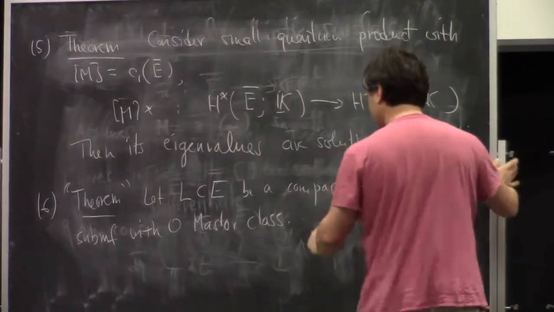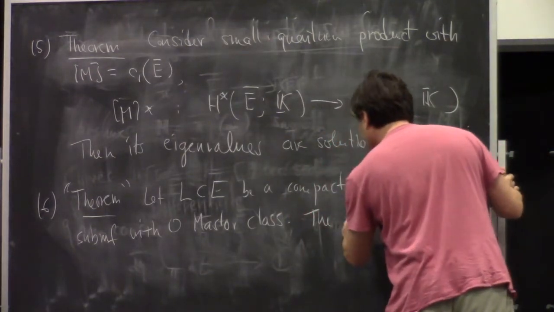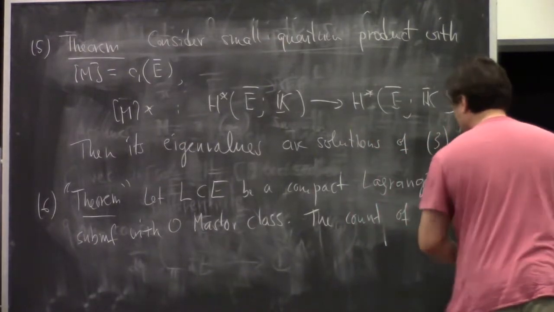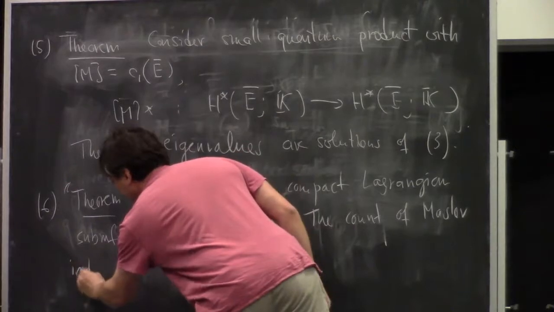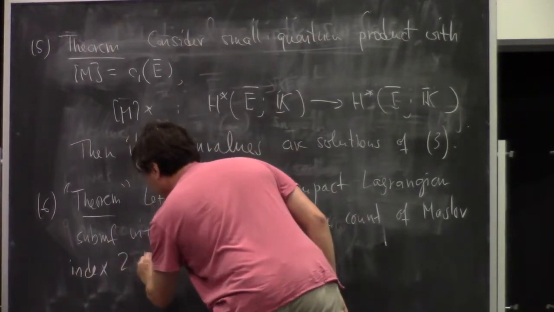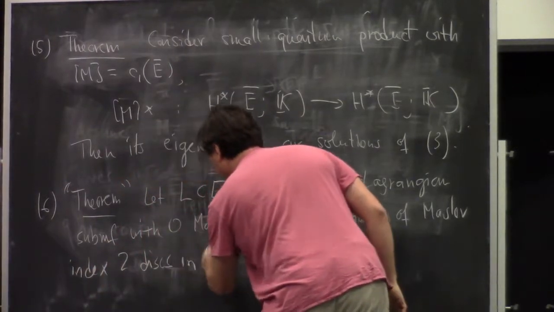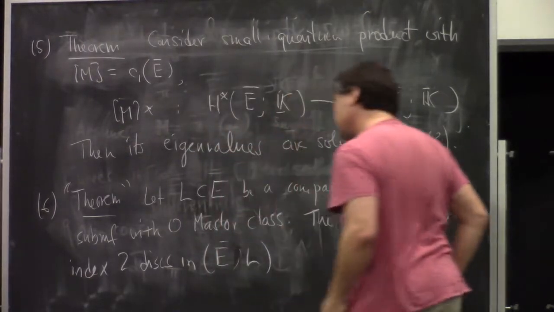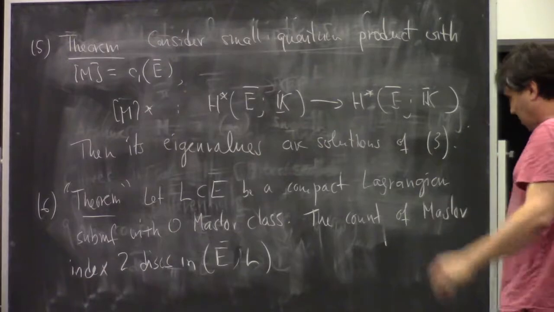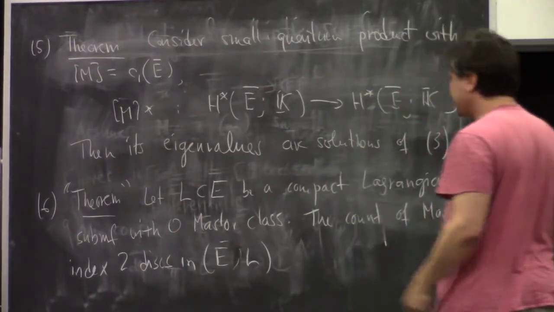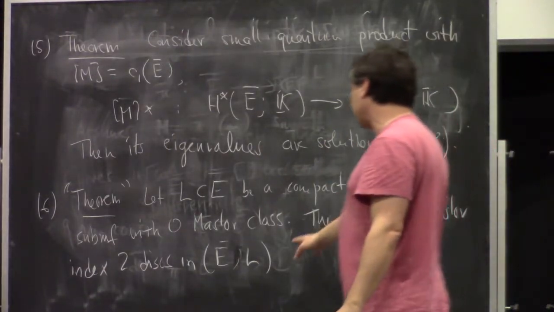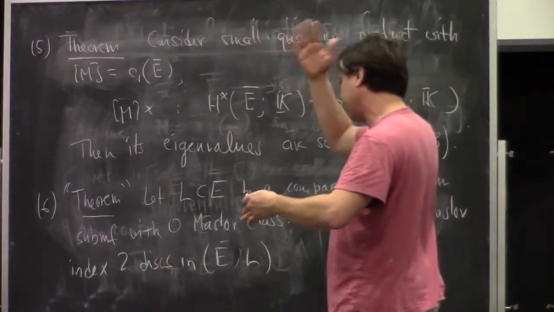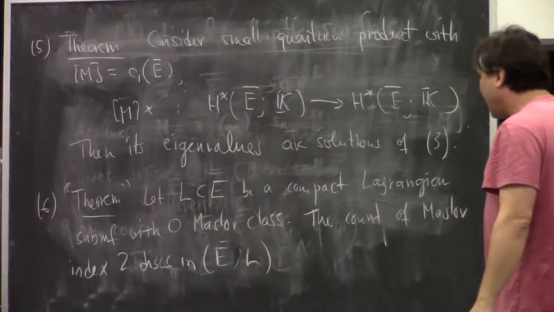So the count of Maslov index 2 disks in E bar comma L. So you consider now disks that are allowed to go into E bar, and because of Maslov index 2, they go into E bar, they intersect the fiber at infinity once.